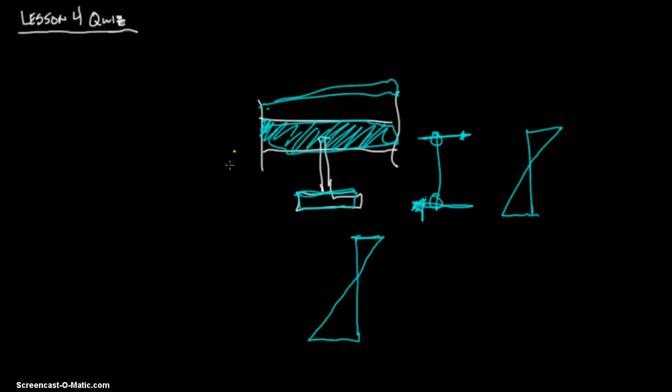So your neutral axis was probably going to be right here, or it may even be so far as up here, because you may want all of your compression flange. You want your neutral axis to be in your compression flange. That depends on the design you want to do, and that'll be in your code book.